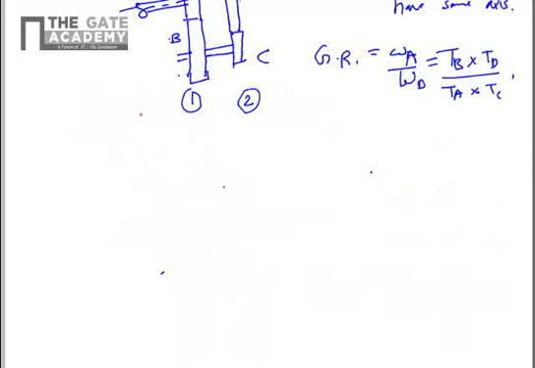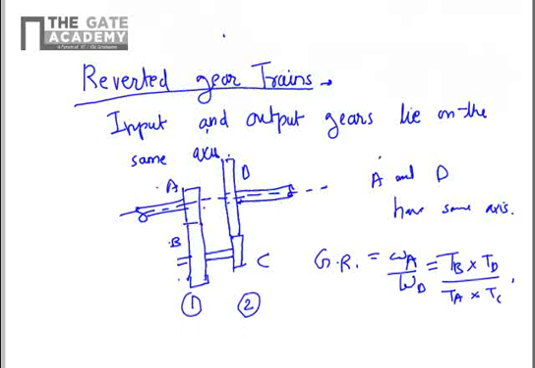So along with this gear ratio condition, you have an additional condition to satisfy here, that the radius of gear 1 plus radius of gear 2 is equal to the radius of gear 3 plus radius of gear 4.